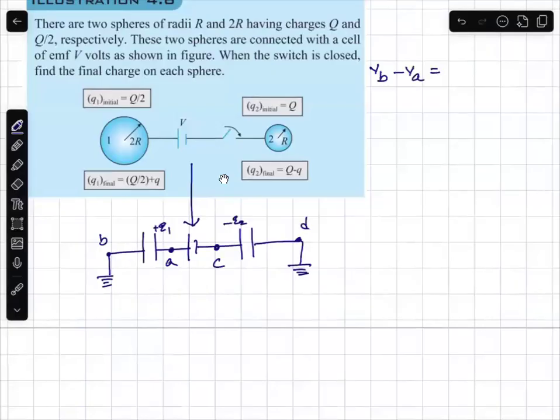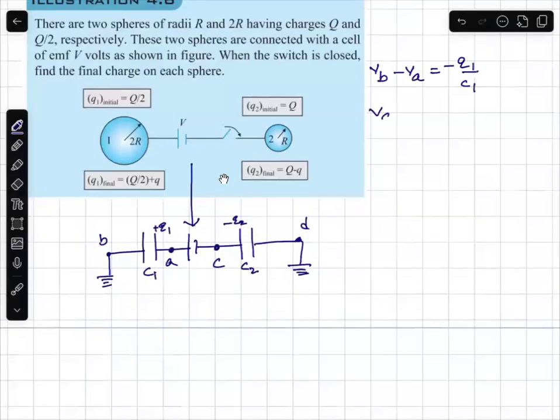Everyone in this class will answer this wrong. So actually, this is minus Q1 by C1. In fact, VA minus VB is Q1 by C1.